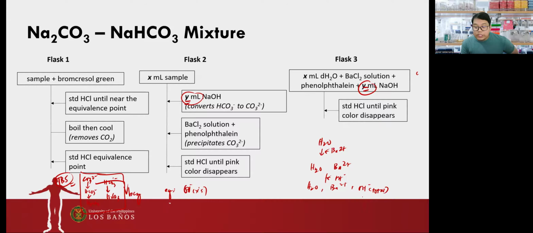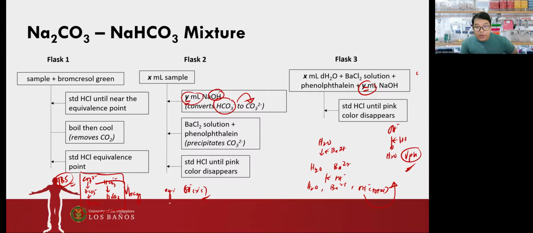Then yung total OH minus natin, ito yung itatitrate natin with standard acid until you reach the phenolphthalein endpoint. Yan. So ngayon, yung difference ng total tsaka excess that constitutes to the amount of OH minus reacted to convert bicarb to carbonate ion.